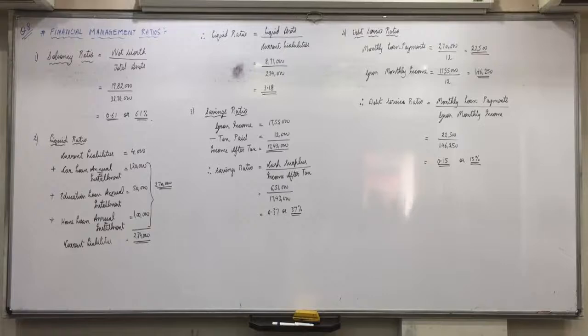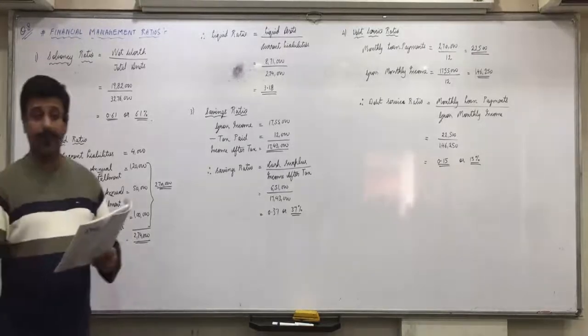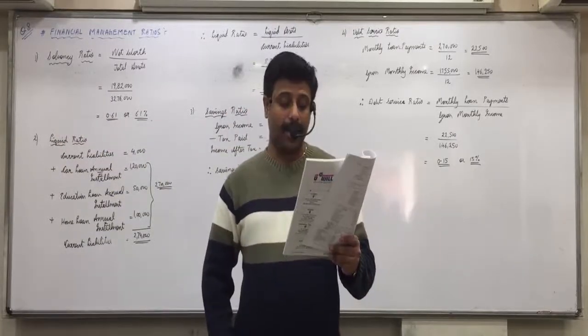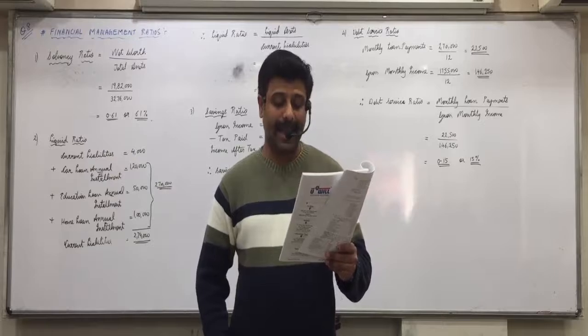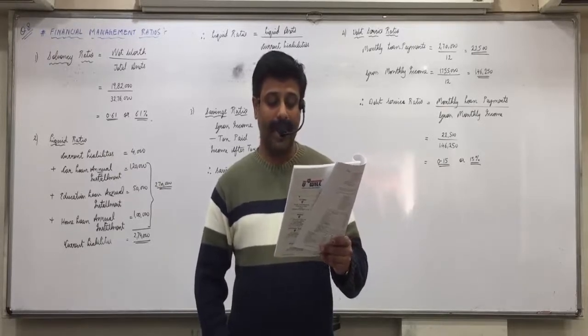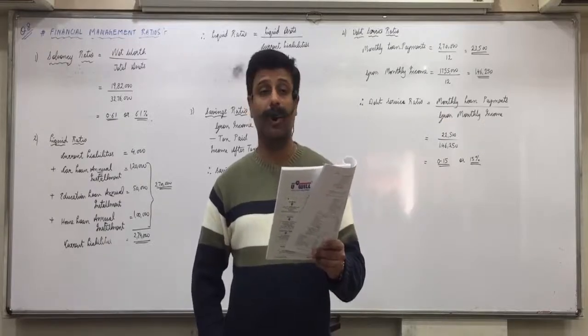Make it 9,75,000. Now understand it. Loan outstanding on car in the last year was 9,75,000. Current year is 7 lakhs. We need to find how much down payment was made.